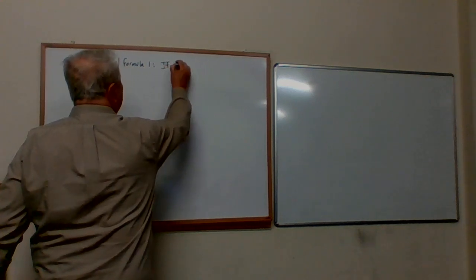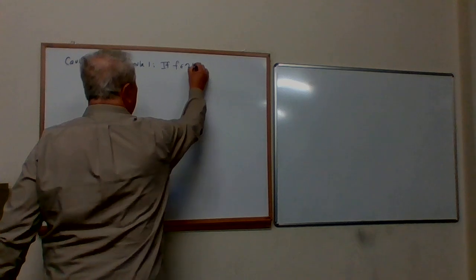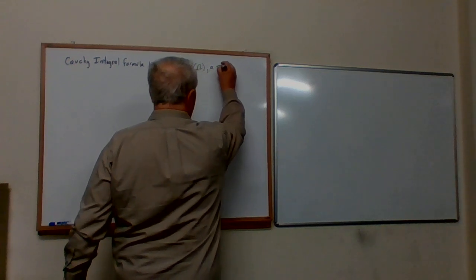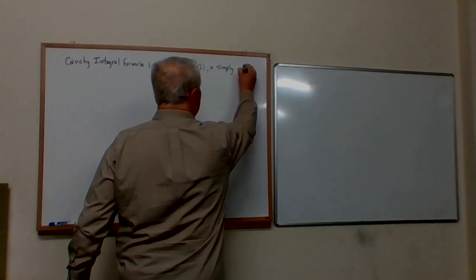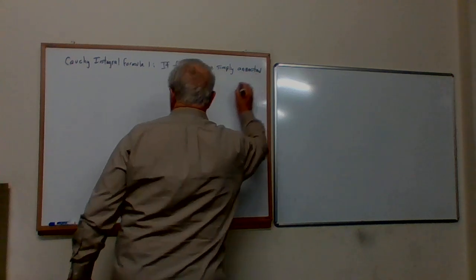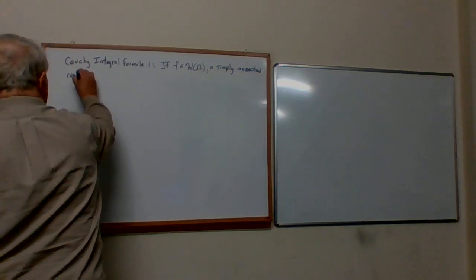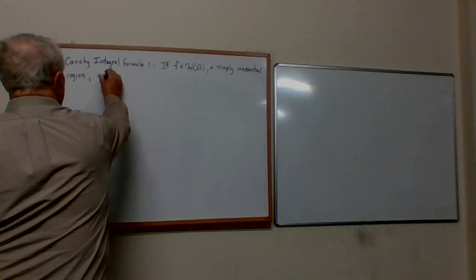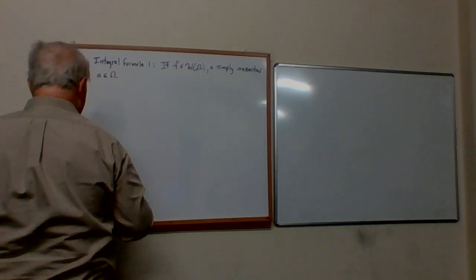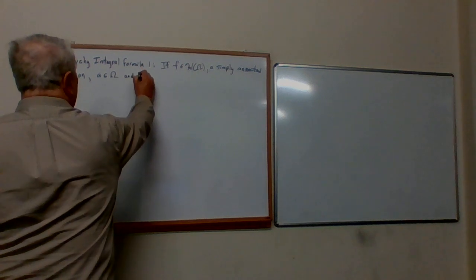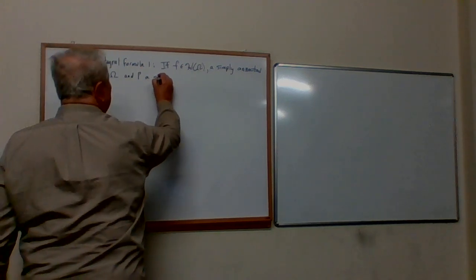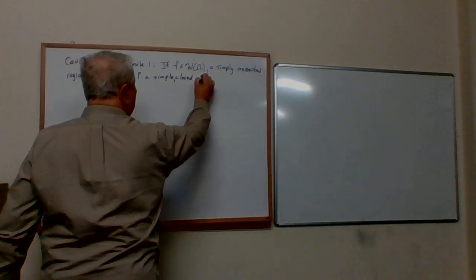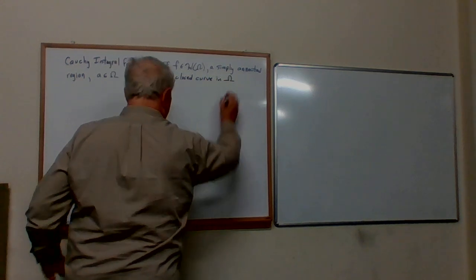The usual setup. If f is holomorphic on omega, a simply connected region, a is some point in that region, and gamma is a simple closed curve inside that region.